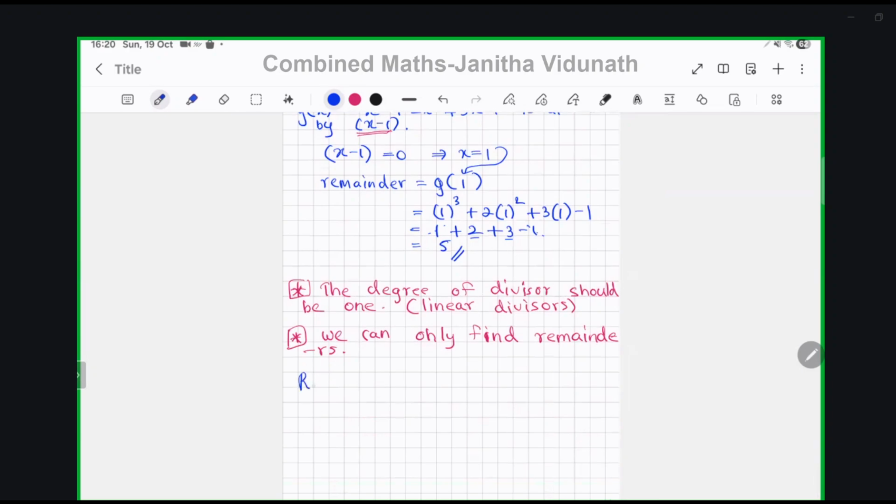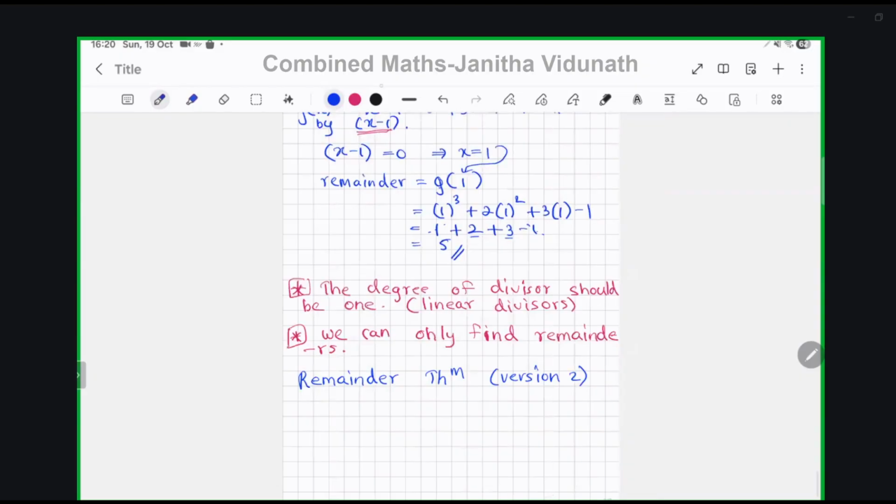Okay. Now, someone can state the remainder theorem in another way. Let's say version 2. Both can be used for our calculations.